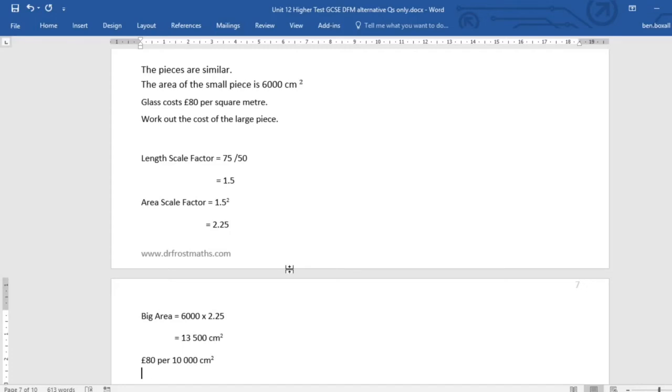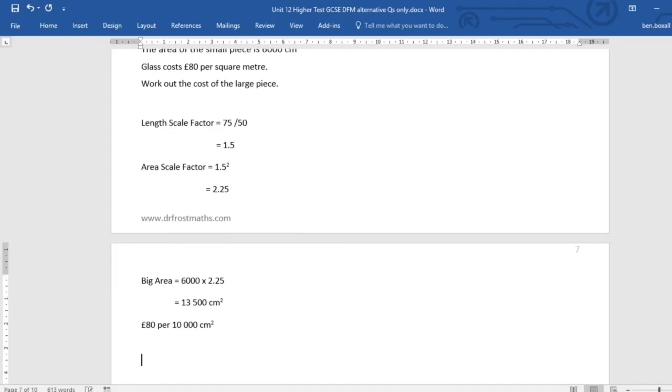So what I'm going to do to work out the cost of the window is take 13,500 and divide it by 10,000 to see how many square meters there are. Let's do that first. It gives me 1.35 square meters.